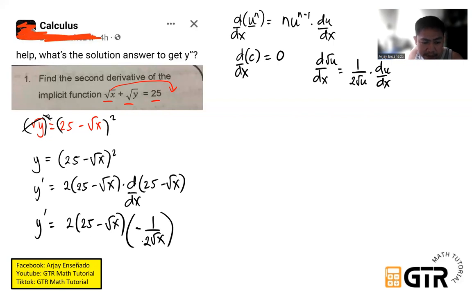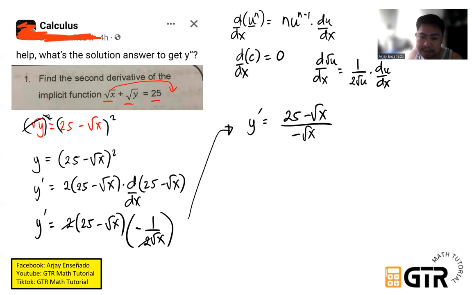Okay, so let's simplify this so we can cancel the 2. So therefore, we have first derivative y prime is equal to 25 minus square root of x and then multiplied by negative 1 over square root of x, or that's simply negative, nasa denominator na siya, negative square root of x.